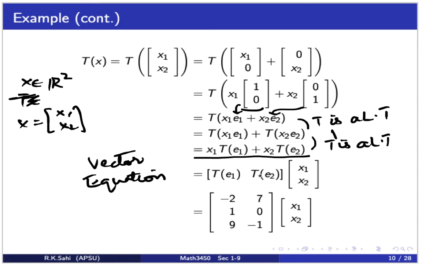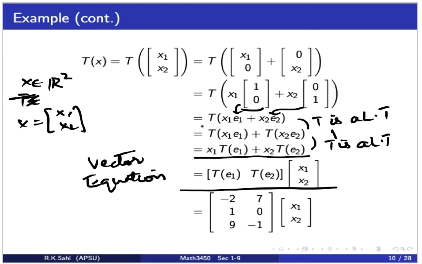When I write this, what do I notice? When T acts on an arbitrary element x, we find that it can be written as a matrix equation where the matrix is nothing but the action of T on the individual columns of the identity matrix.